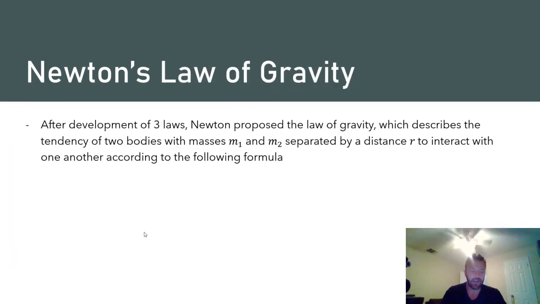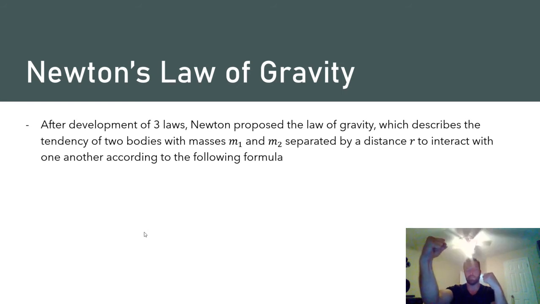After Newton had those three laws in hand, he postulated the law of gravity. What gravity refers to very generally, so we tend to think about it on a planetary scale, and we'll talk about why that is in a second. But in general, if you have two objects and both have a mass associated with them, and they're separated by some distance in space, they're going to tend to interact with one another.